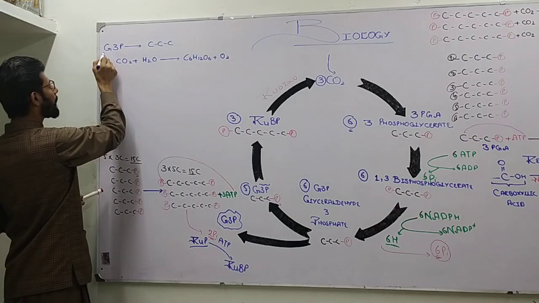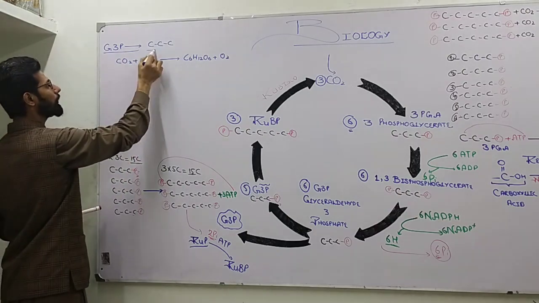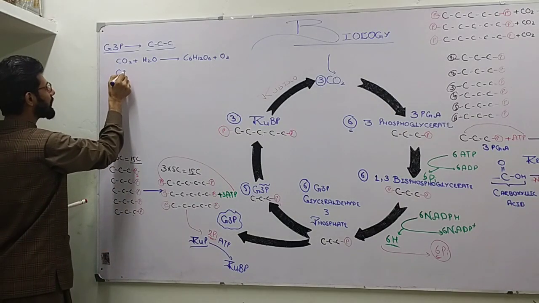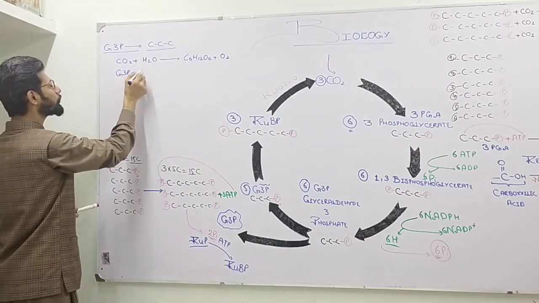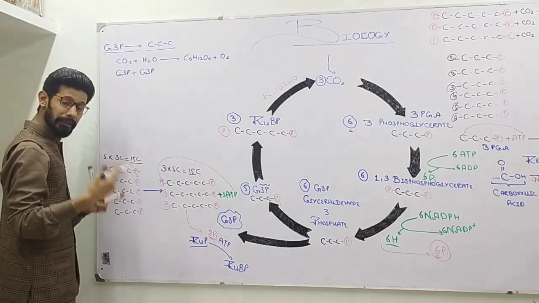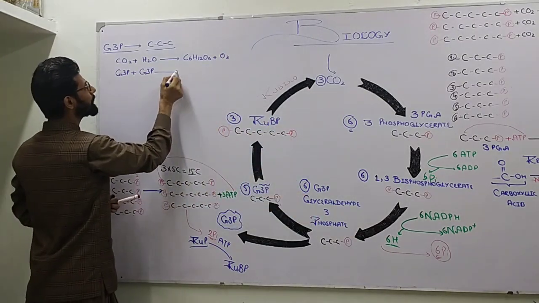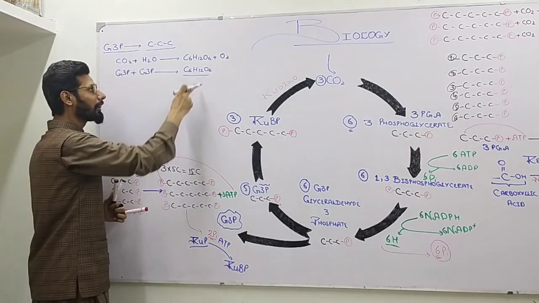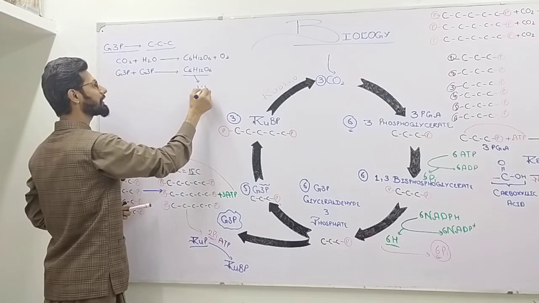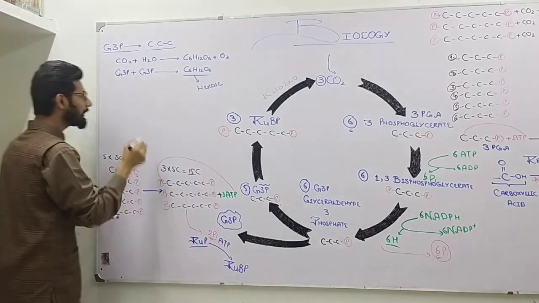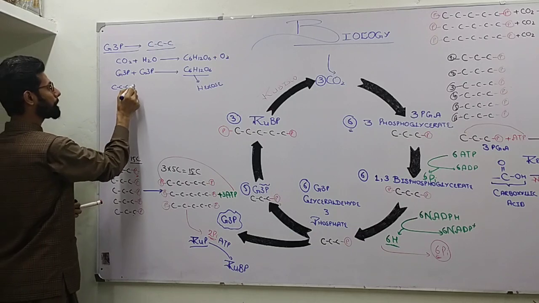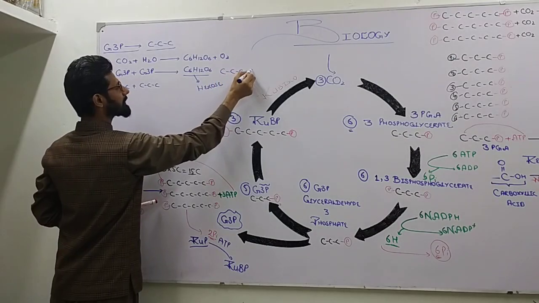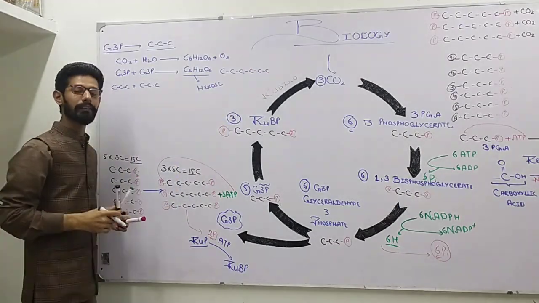Here we have G3P, which is a triose. So G3P from one cycle is added to G3P coming from another cycle to form a 6-carbon compound, glucose, which is a hexose. 3 carbon plus 3 carbon form a 6-carbon compound, which is glucose.